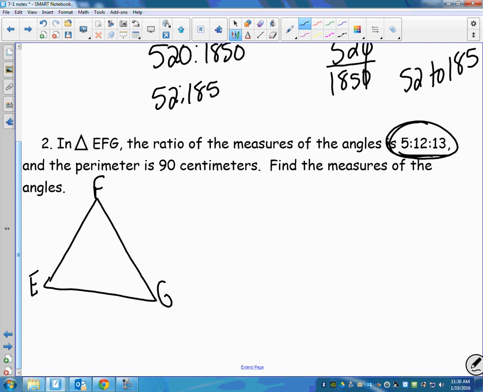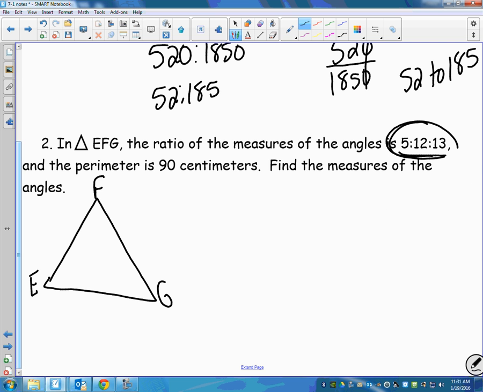Could it mean, theoretically, and pretend that it's more than 180, so don't, I'm breaking balls right now, but could it mean 50 to 120 to 130? Would that be the same ratio? Or I could multiply each of them by 2, that's the same as 10 to 24 to 26, right? It just means when you reduce it, that's the comparison. But we don't know what the measure of each angle is.